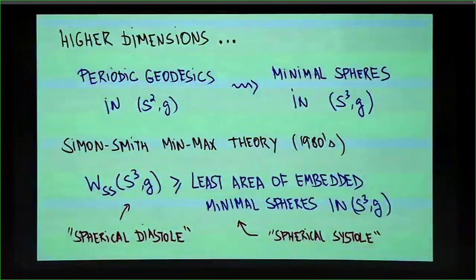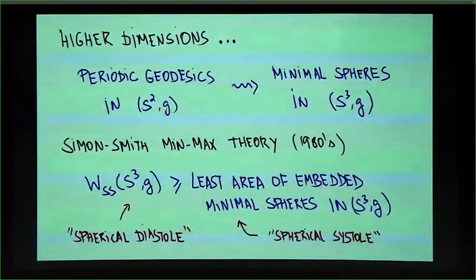So the idea is that this number is attained as the area of a bunch of disjoint embedded minimal two-spheres, and the area of each one of those two-spheres is counted with an integer multiplicity. But still, if this number is realized by such a collection of areas of spheres, then it of course gives you an upper bound for the least possible area of an embedded minimal two-sphere in S3. Okay?